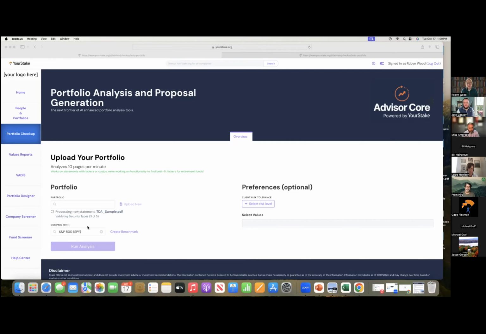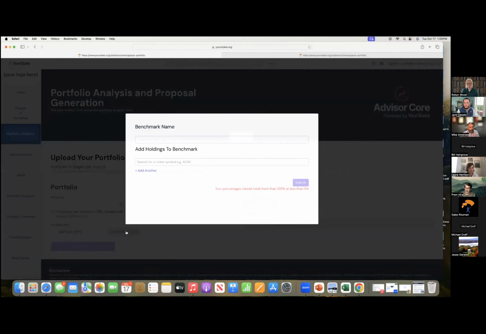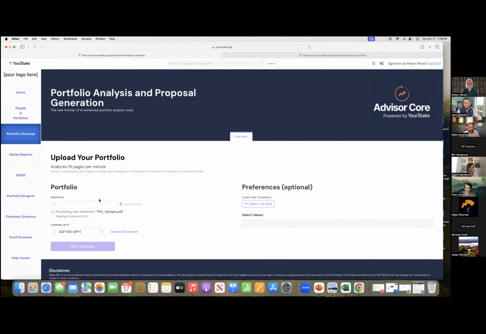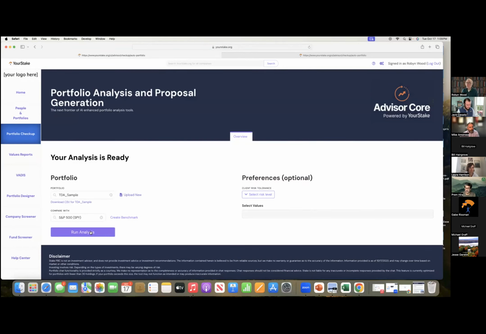I'm grabbing it and simply uploading it so I can have the application tell me what's going on. If you wanted to create a benchmark, you certainly could this way. You can choose maybe one of your model portfolios that you've created on the site or have uploaded through this tool as the comparison as well.